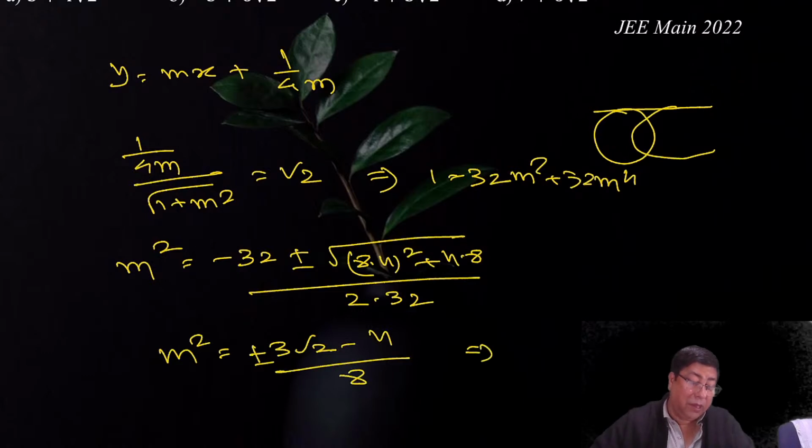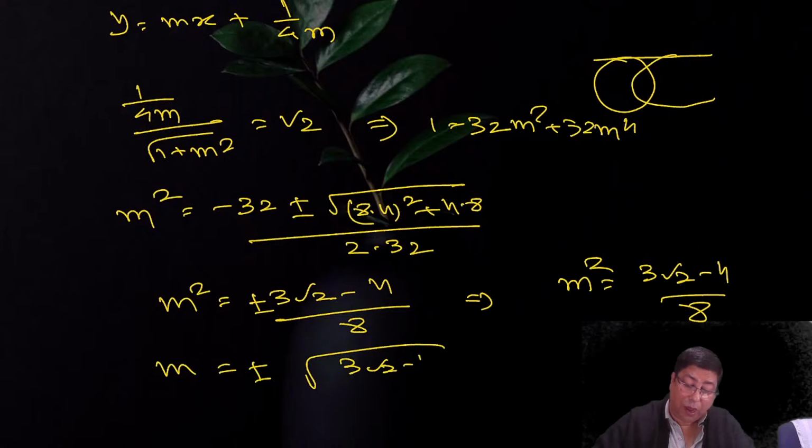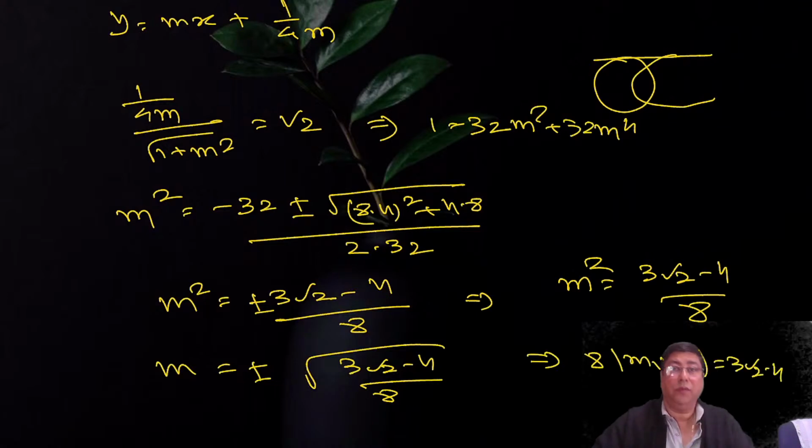Therefore, m square is coming 3 root 2 minus 4 by 8. So there are two values of m equal to plus minus root over of 3 root 2 minus 4 by 8. Okay, so 8 mod m1 m2 equals 3 root 2 minus 4.